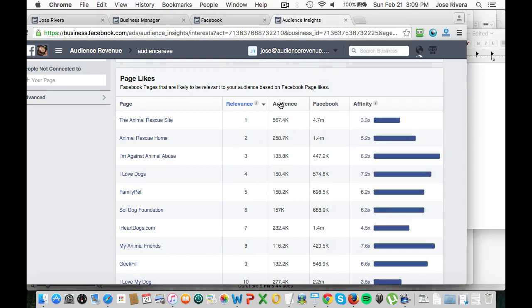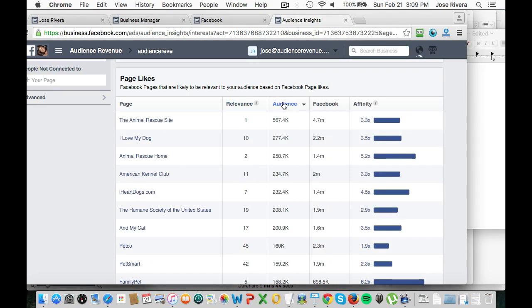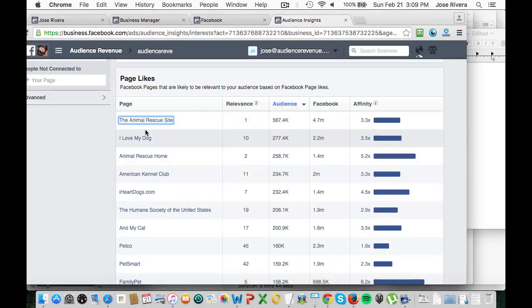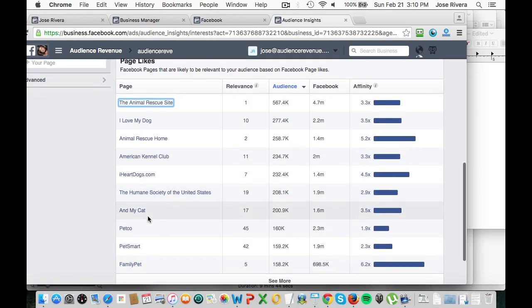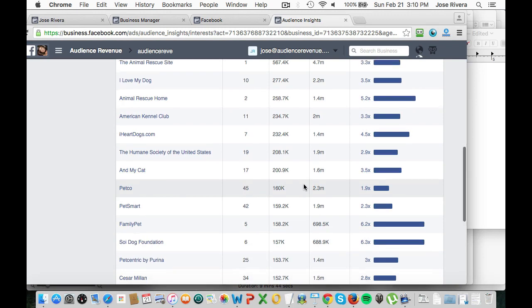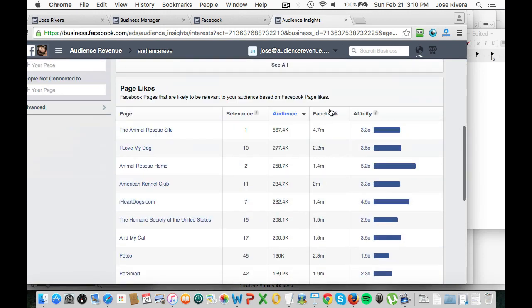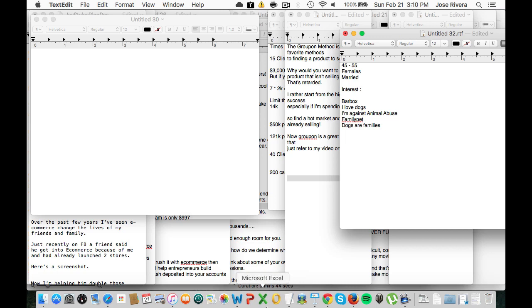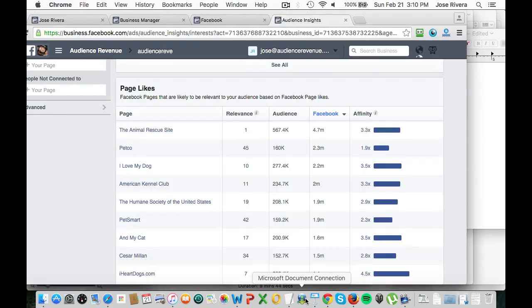Right, you can see how big the audience size is here for other pages that they like. So the animal rescue site. I love dogs. So we have this. Also Petco.com, PetSmart. Right, so we can add these as well. Let's go by audience size. So 4.7 million. We have that one. Petco. I love my dog.